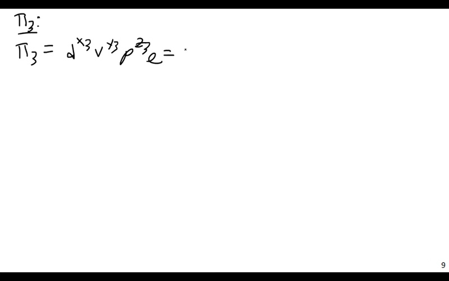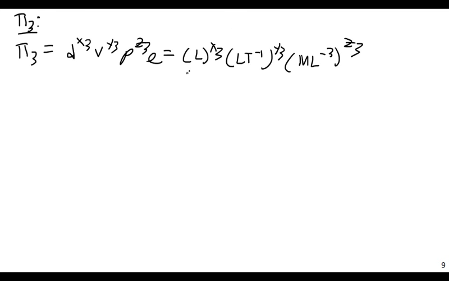And then substituting in our dimensions, this will be L to the x3 times LT to the negative 1 to the y3 times ML to the negative 3 to the z3 times, and again, this is just length, although it's kind of funny that our variable here is just length, or distance from shore, I suppose, and our little l is just going to have dimensions of big L. And then that is M to the 0, L to the 0, T to the 0. And then I can create equations for the length, the mass, and the time.